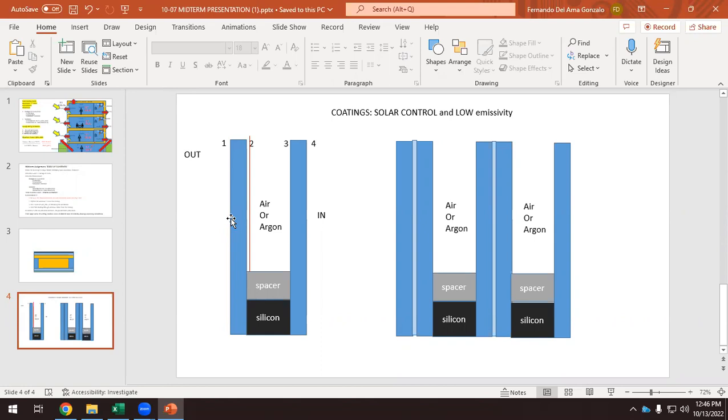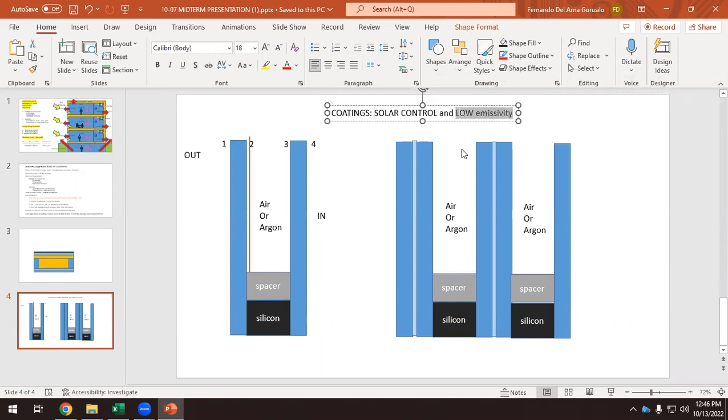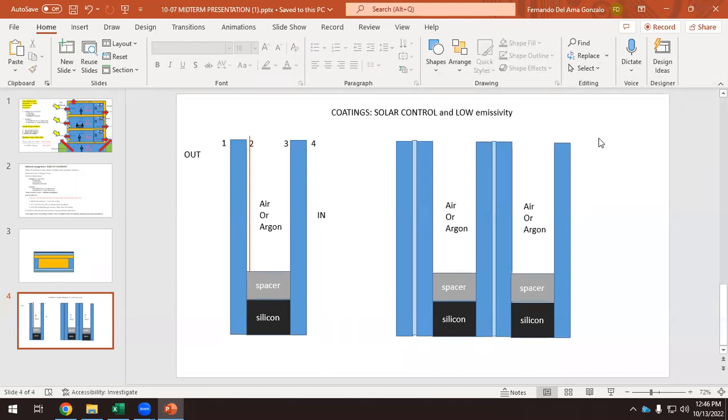It's transparent. It's not dark or mirrored to reflect the light, like sunglasses. So we don't have solar control coatings in New Hampshire, but we do have low emissivity coatings.